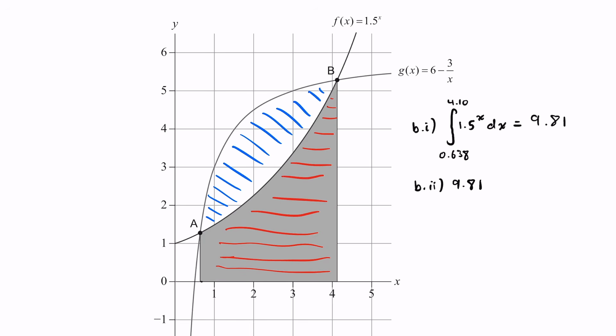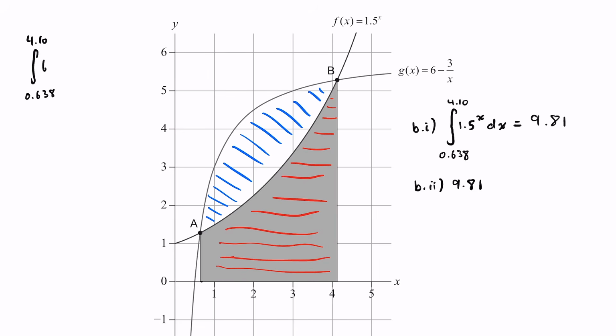So let's see if we can do that. Once again, we'll find an integral, in this case for g of x. So let's find the area under the curve of g of x. So here we go. This is going to be the integral, the sum of all the little rectangles again, starting at that same lower bound of 0.638, going all the way up to 4.10.